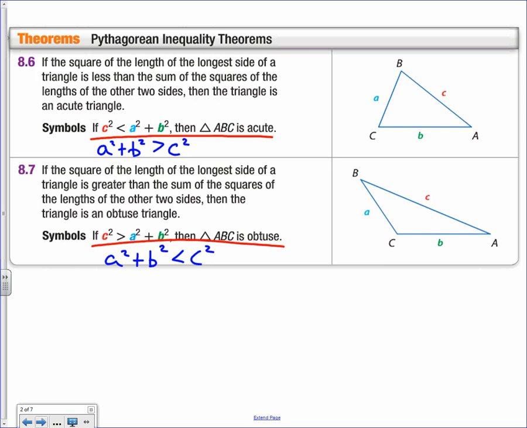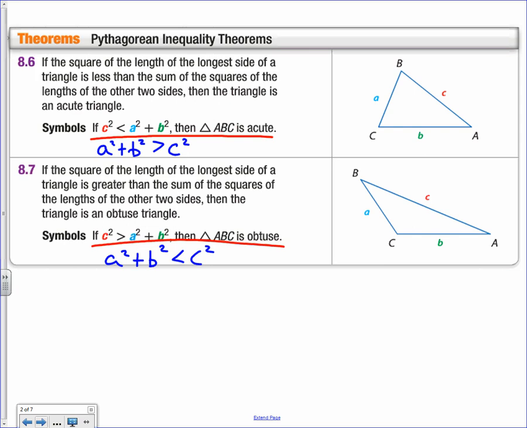Either one is fine. I like the one that I wrote a little bit better, only because when we think of the Pythagorean theorem, usually we think of a squared plus b squared, so this changes the least amount of stuff for us. The other way is only better because of the symbol.